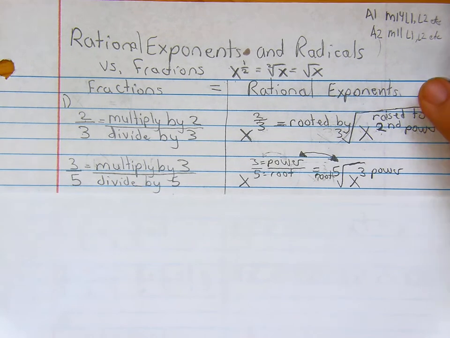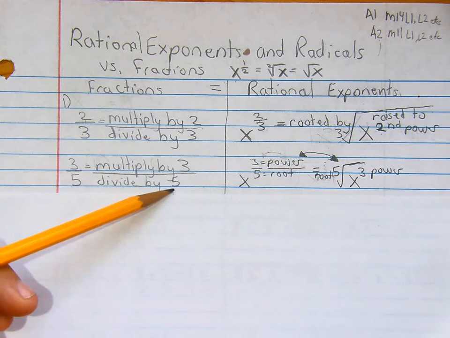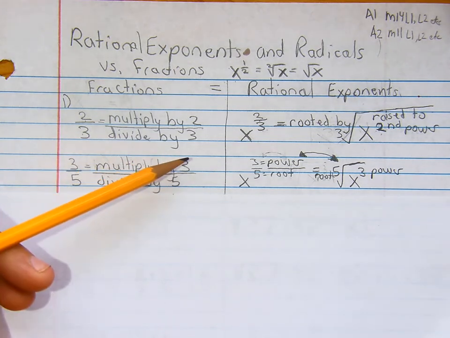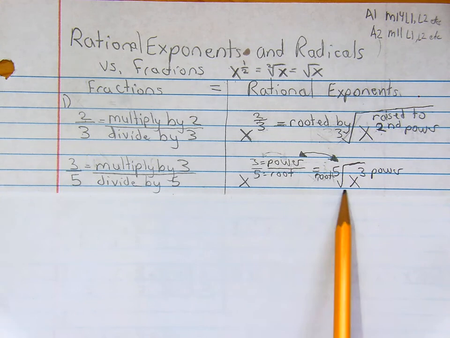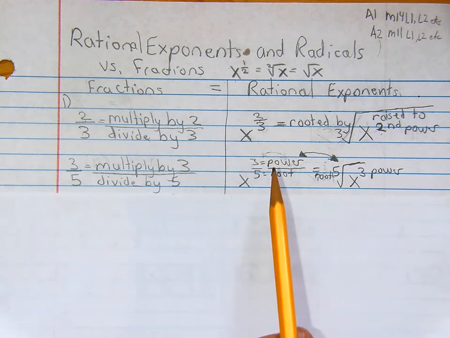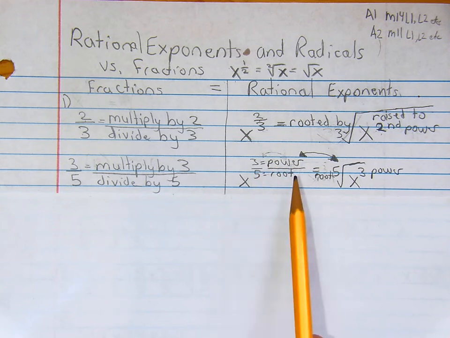So here's another example. Multiply by 3, divide by 5. Or divide by 5 and then multiply by 3. Just as that is interchangeable, our rational exponents are also interchangeable. This is a power, this is a root.